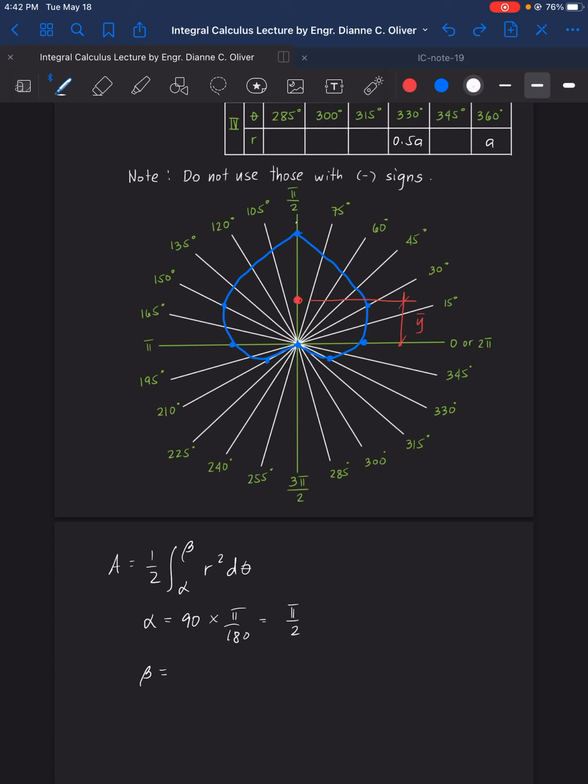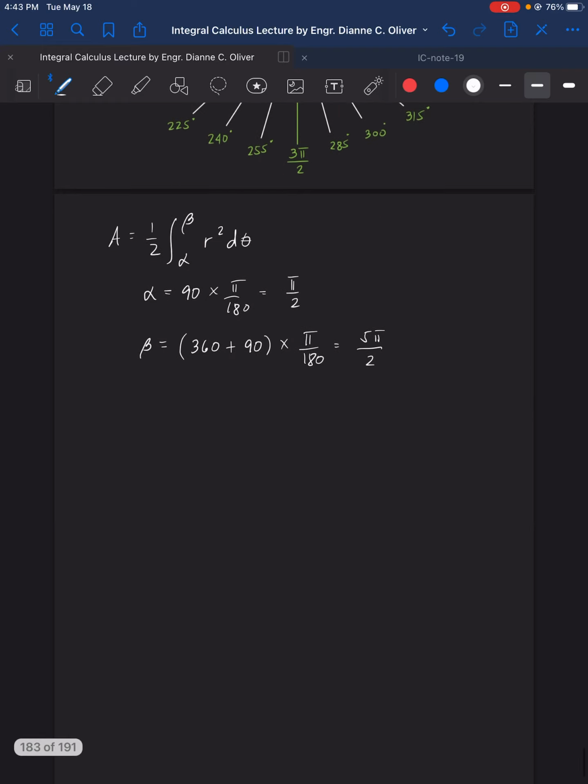So beta is 360 plus 90 degrees times pi over 180, that is equal to 5 pi over 2. Now, having all the limits, area is equal to 1/2 integral of r squared.